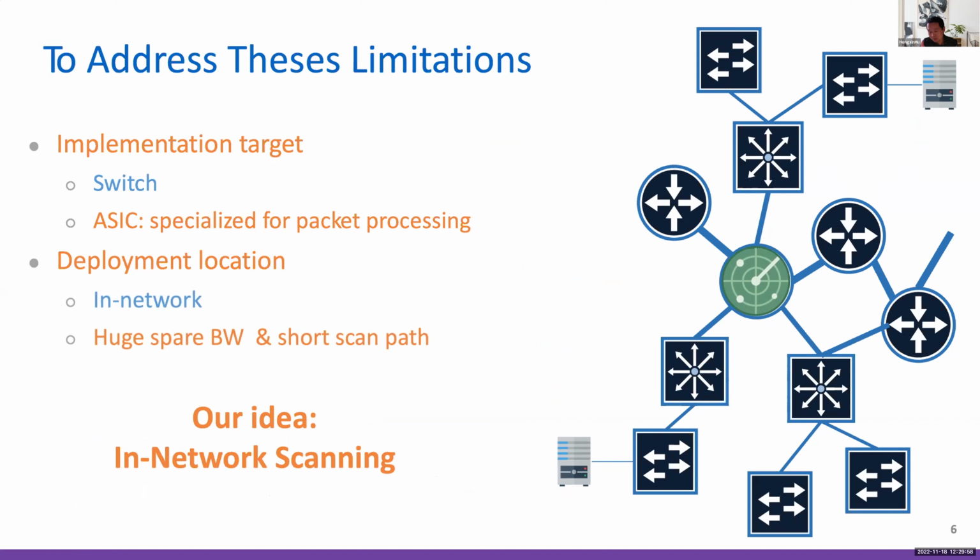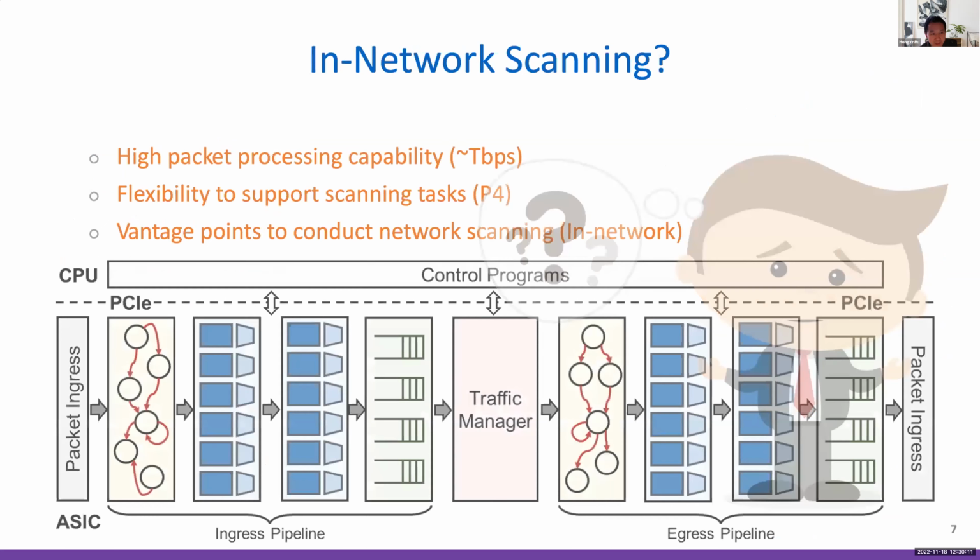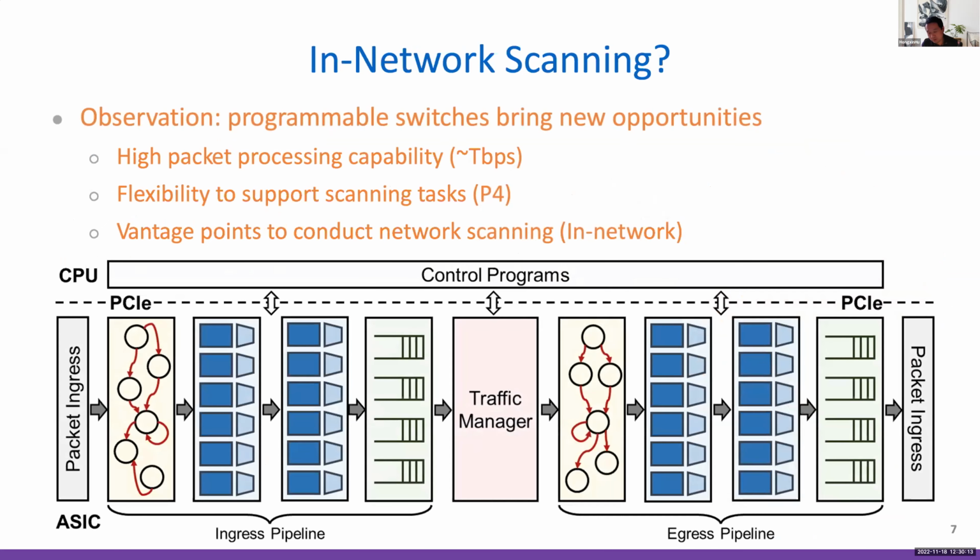That means the scanning path should be short, without progressively using the server to do the scanning. So this is the basic idea. If you want to do in-network scanning, we found that the programmable switch is a good tool for building this kind of scanner.